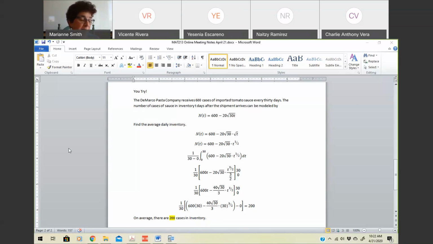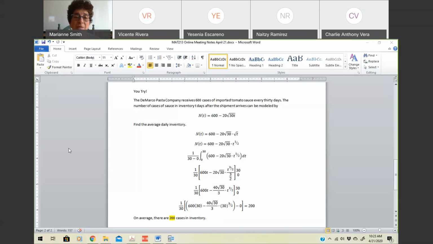I haven't tried it myself, but I would like to see if I can get my function integrator to do this for me on my TI-84. Because again, I want to have ways of checking my answers. I don't want to just get bogged down in the calculus somewhere and say, I don't know what to do next. I want to have a way of moving forward.